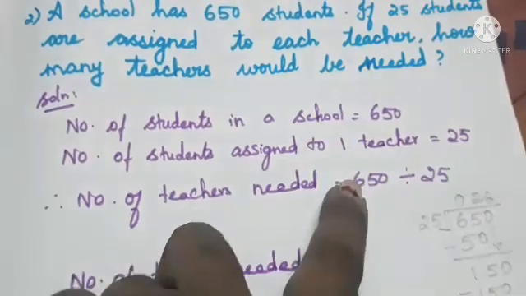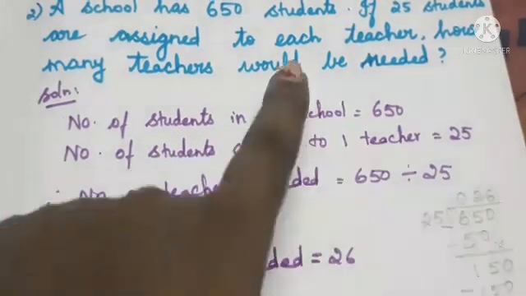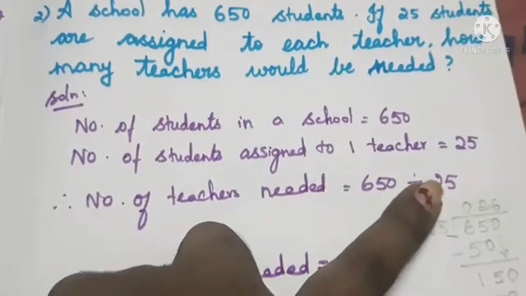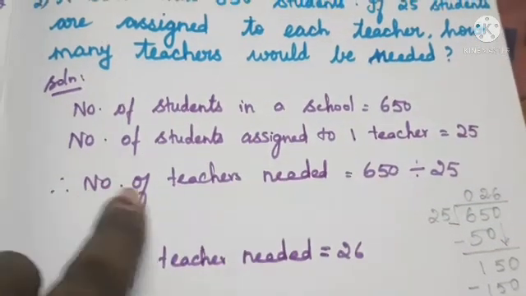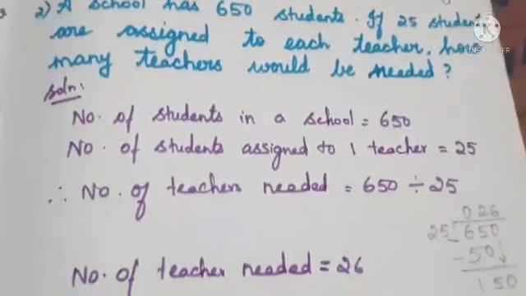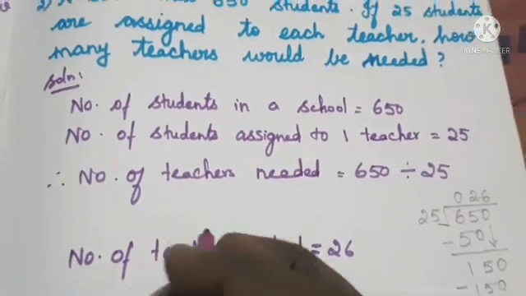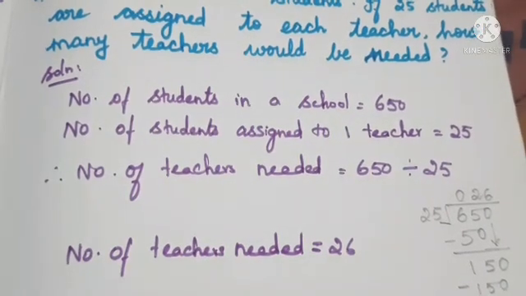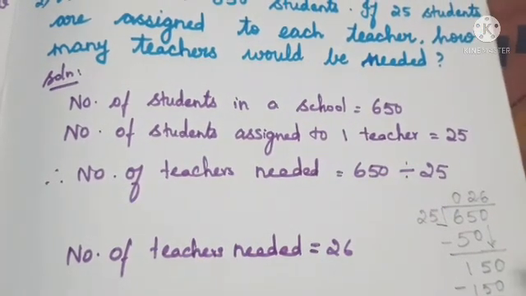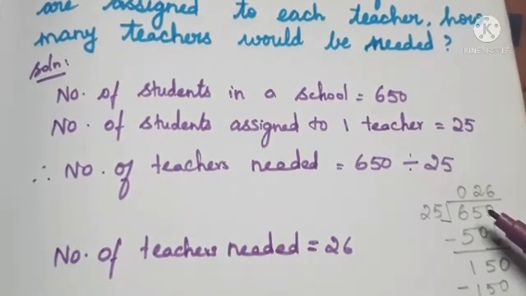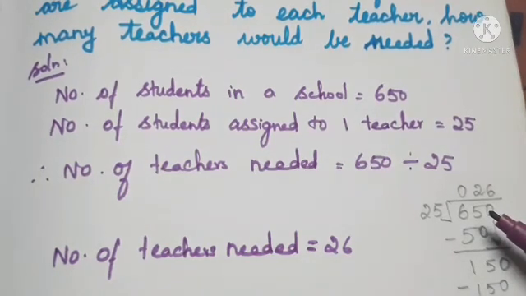Each means one. Therefore, number of teachers needed is 650 divided by 25. If you divide 650 by 25, you will get 26 as the answer. That is the number of teachers needed to assign the 650 students.